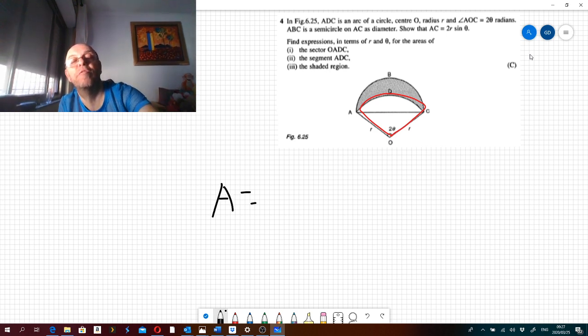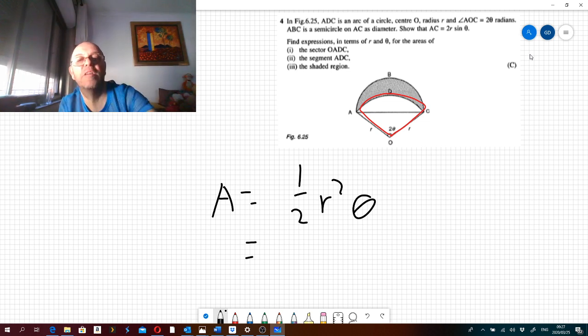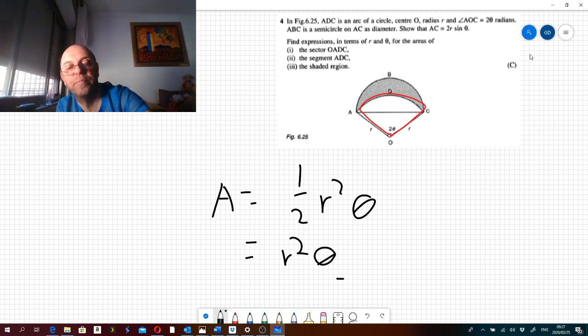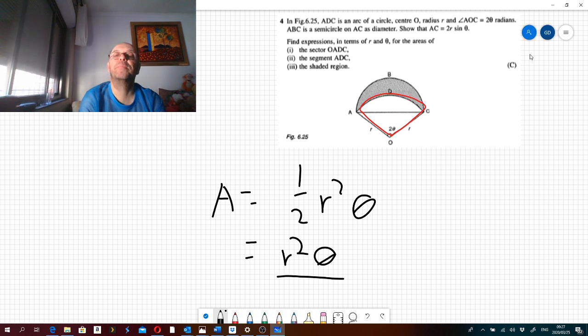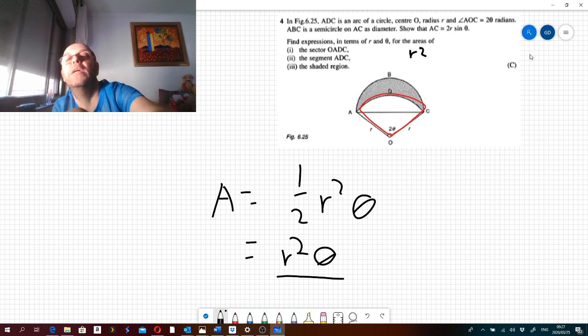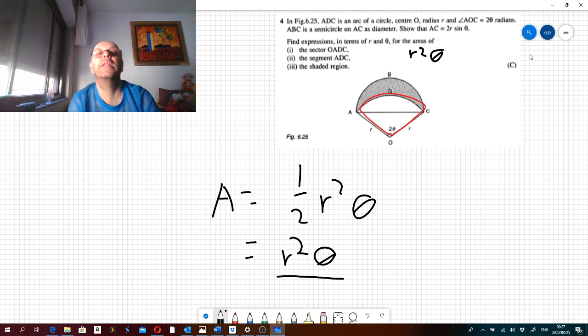Area is a half r squared theta, but in this case our theta is 2 theta, so the answer is 2 theta times a half times r squared, but 2 times a half is just 1, so we end up with r squared theta. Okay, so there we go. That is the expression for OADC. Now I'm going to write this up top here just so we can keep it. We probably need it a little bit later.